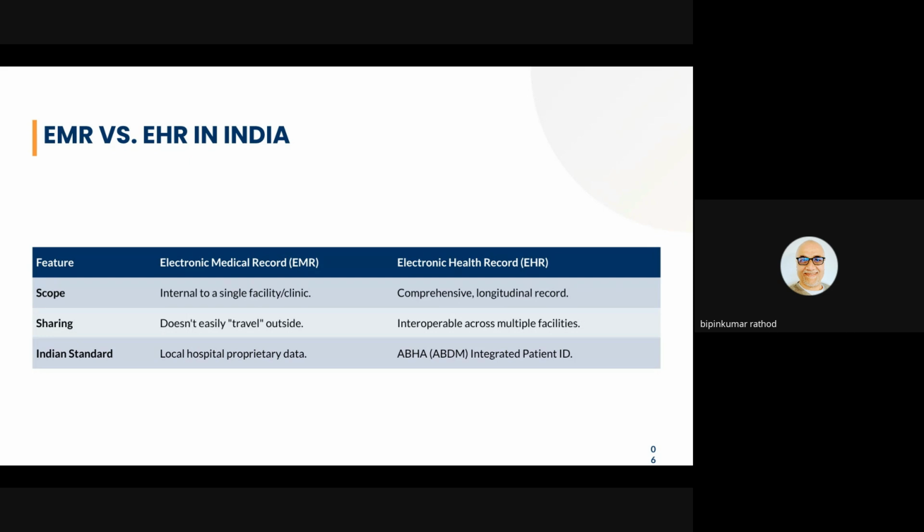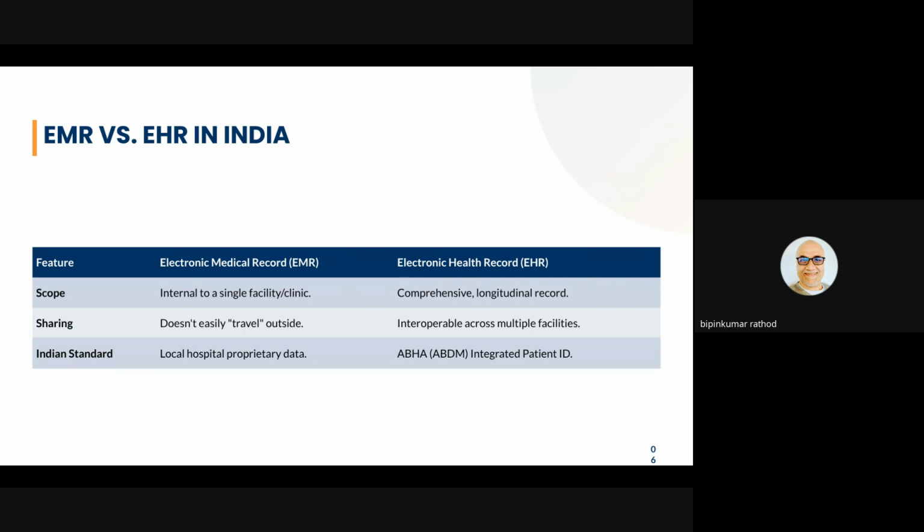So here you see the features: scope, sharing and Indian standards, which is how we can differentiate an electronic medical record from an electronic health record. You might come across this question from your hospital executive, or you yourself may be evaluating an electronic medical record or electronic health record in your future job.